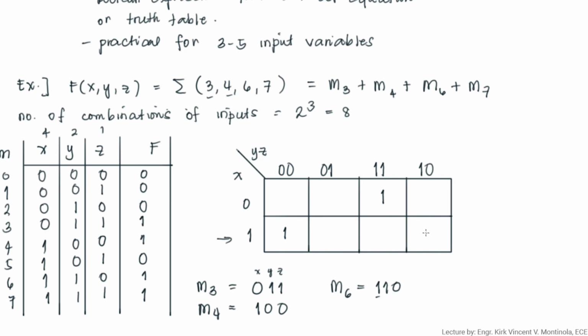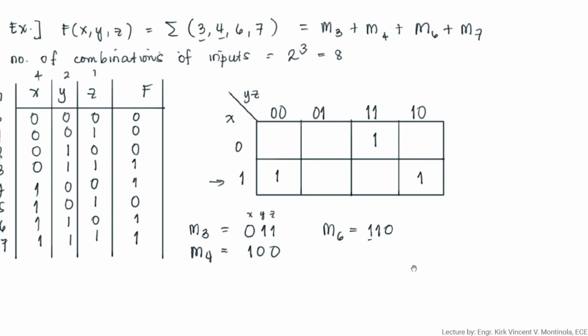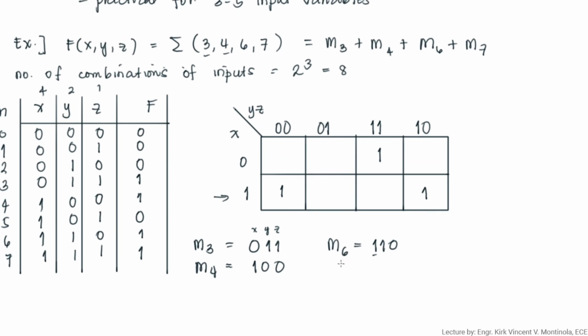Then the intersection of them is here at 1, 1, 0. Then we go for the last min term, which is the M7. So M7 is 1, 1, 1. Locate 1 and then another 1. So this one.